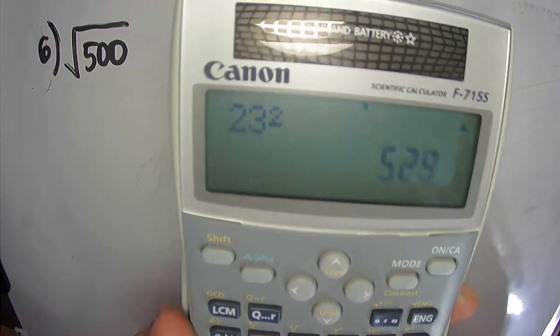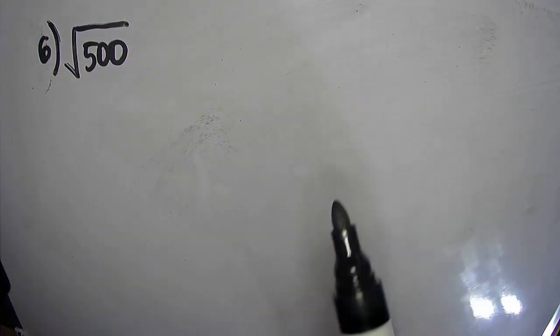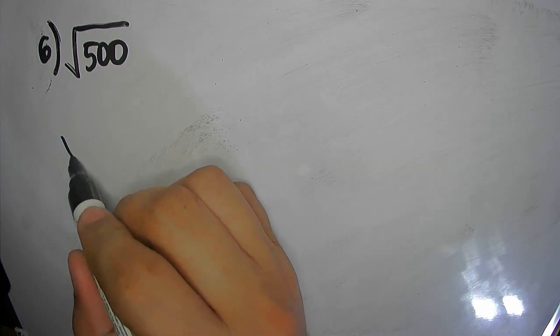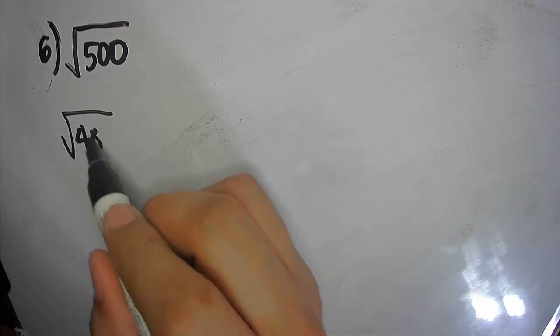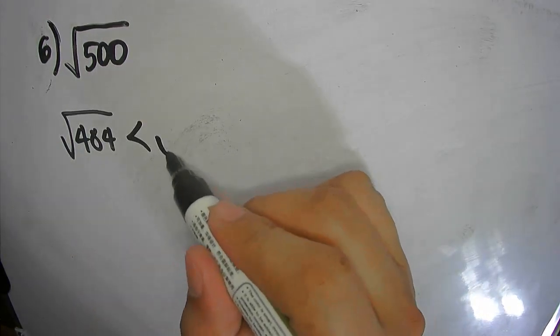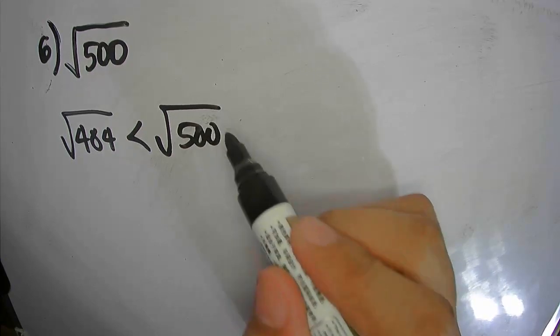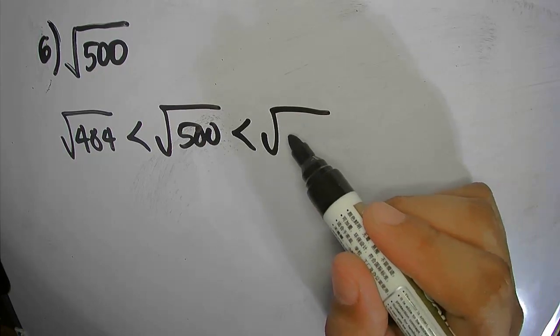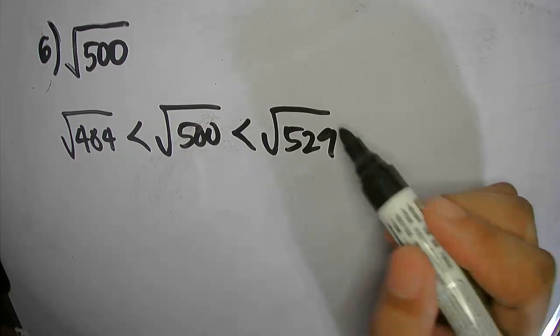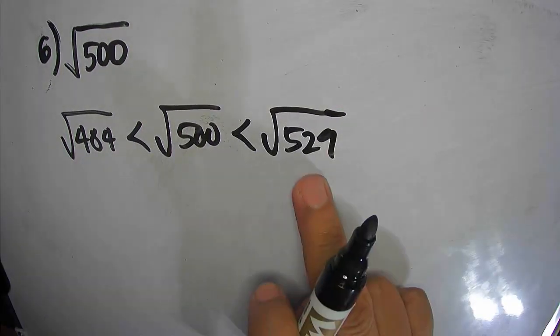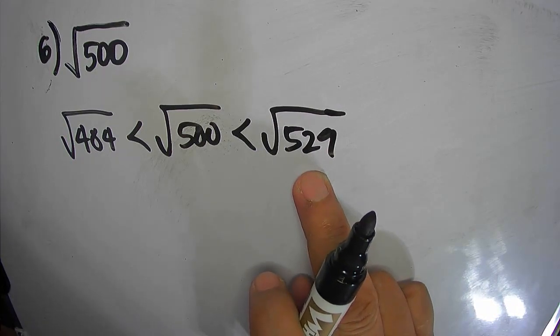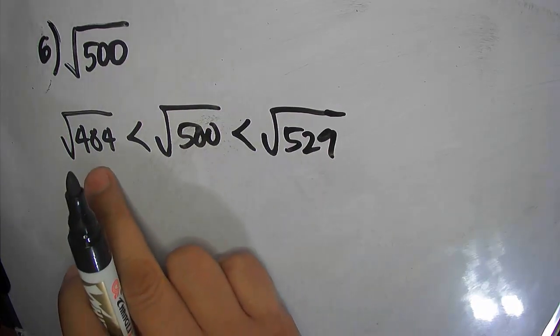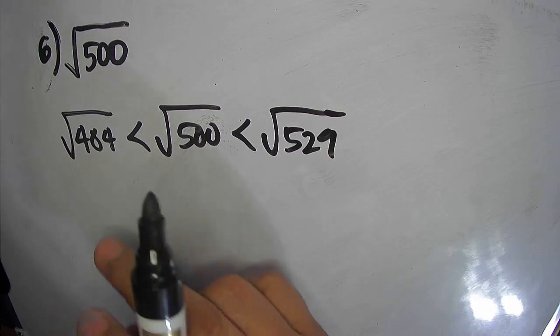Okay? So, 484 is a perfect square. So, square root of 484 is less than square root of 500, and square root of 500 is less than 529. Okay? So, 484 and 529 are perfect squares. Galing ito sa 22 times 22.